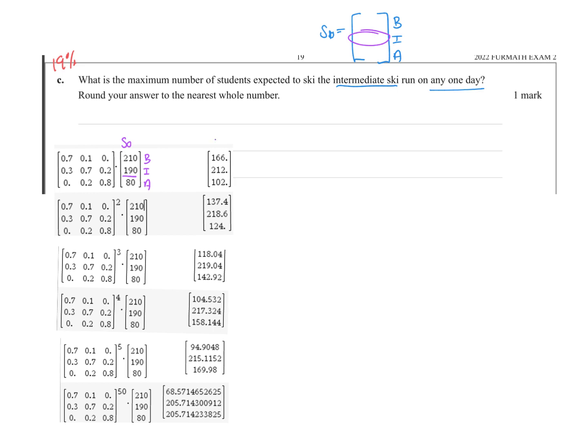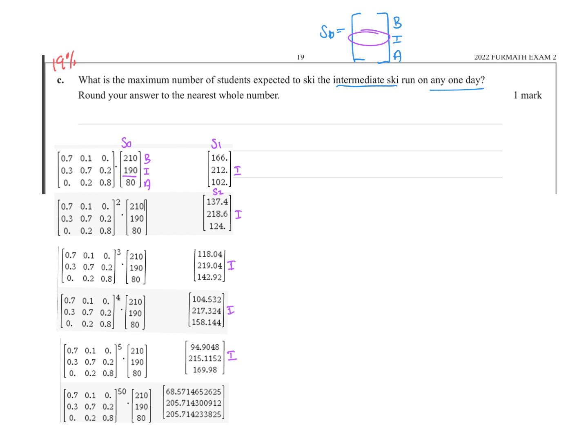The next day, intermediate went to 212, and on the second day intermediate had 218, and then on day 3 intermediate had 219, and then by day 4 we see it dropping, and then it keeps dropping.